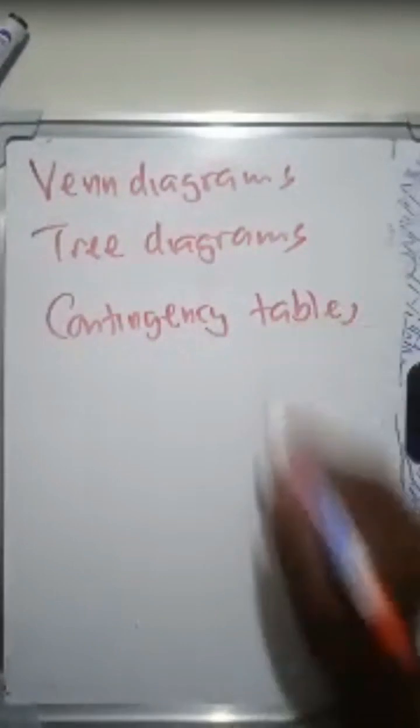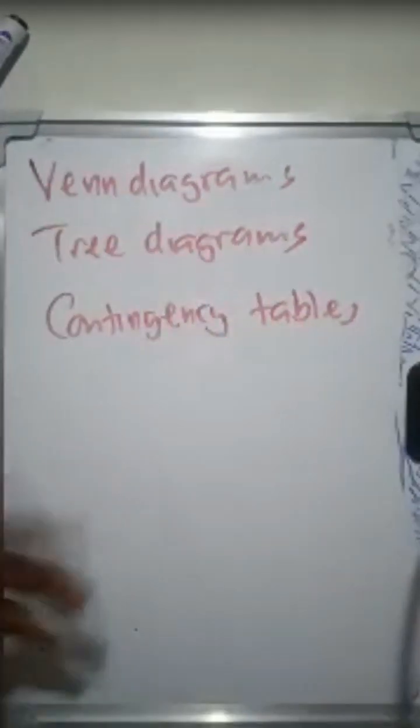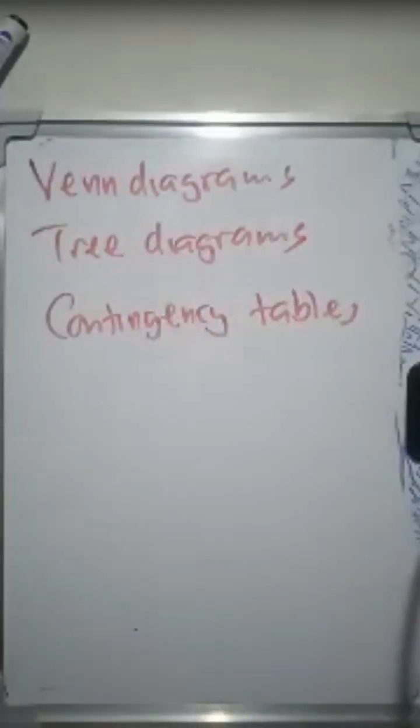If I try to teach these one by one now, we're going to have a problem. So I selected the questions that you see there, which have Venn diagrams, tree diagrams, and also contingency tables. We're going to use those as a revision for Venn diagrams, tree diagrams, and contingency tables.